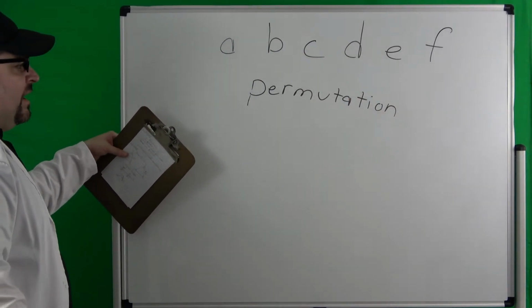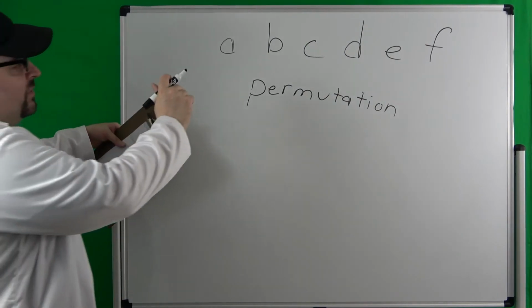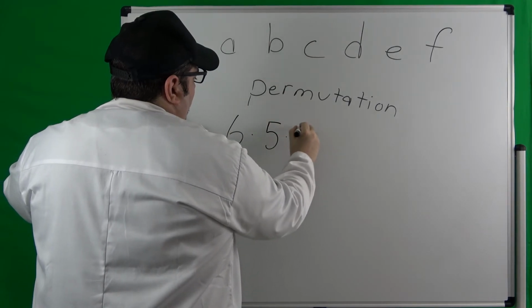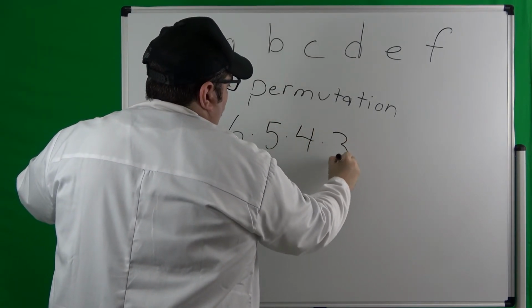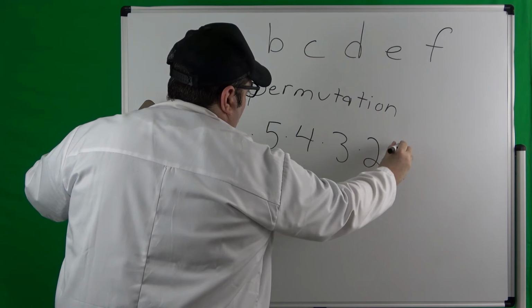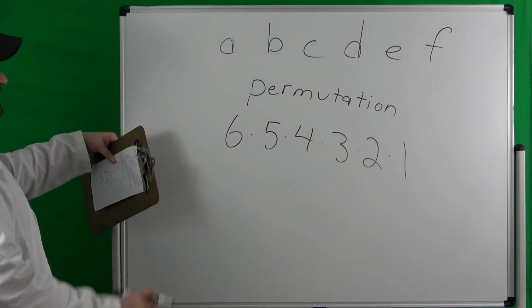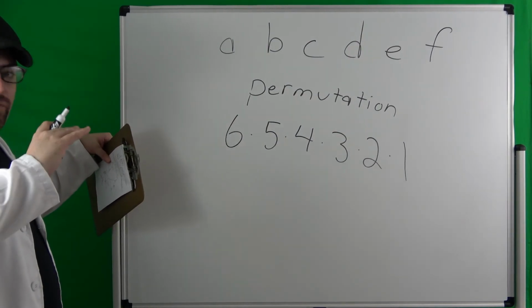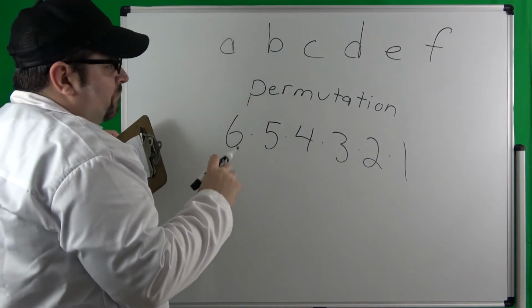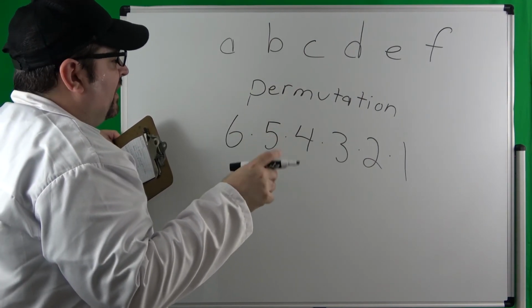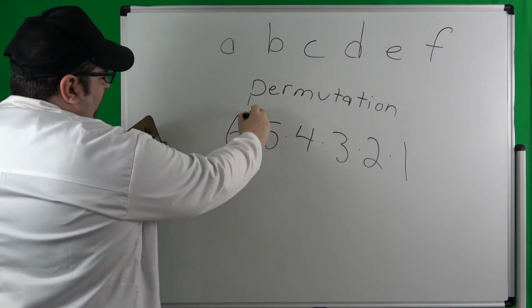Now normally we would do 6 times 5 times 4 times 3 times 2 times 1 to give us how many different arrangements there could be with the game pieces. However, somebody always picks dragon. So that choice we're going to take away.